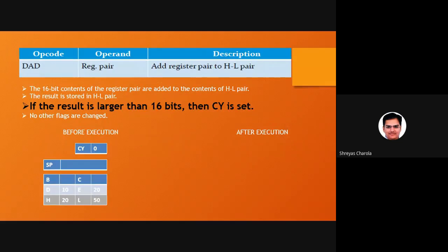Now, here is the DAD, register pair. Which are the register pairs we have? Out of 6 registers, which are the register pairs we have?